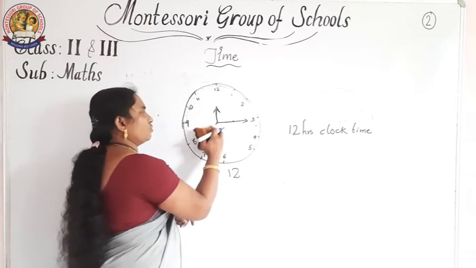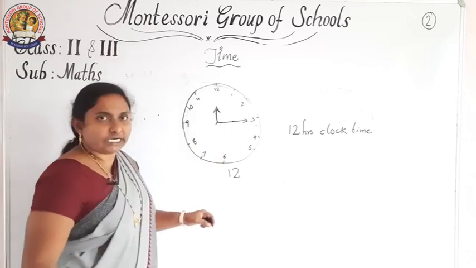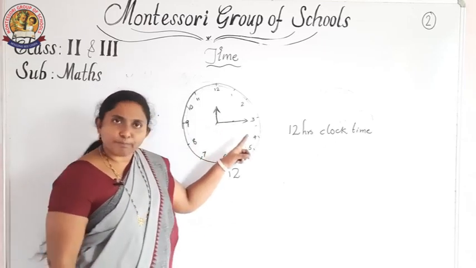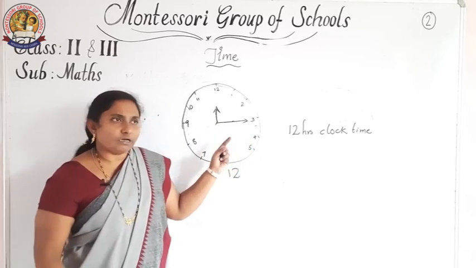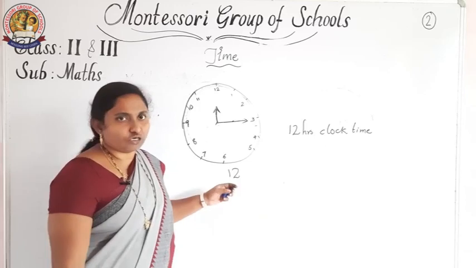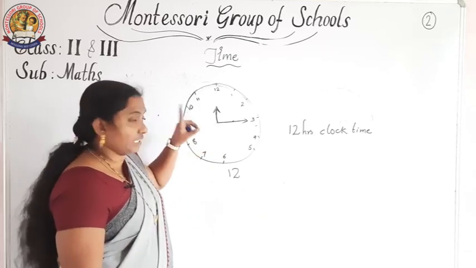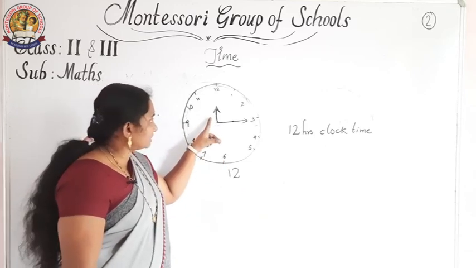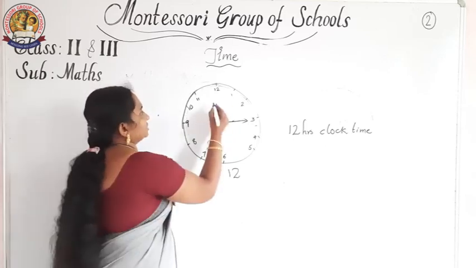The seconds hand is not needed. Generally we use hours and minutes. We do not use seconds now because it is a very small unit. So we depend on hours and minutes for time. Listen carefully.